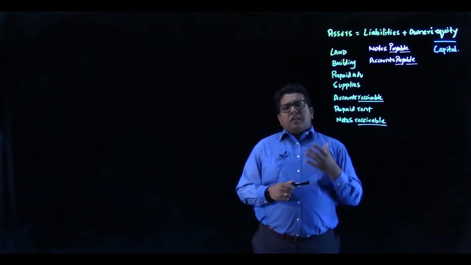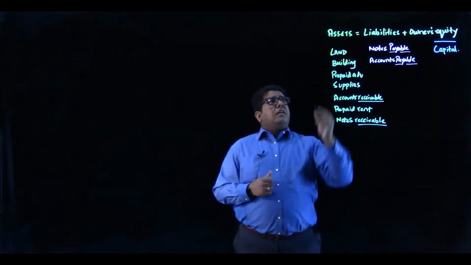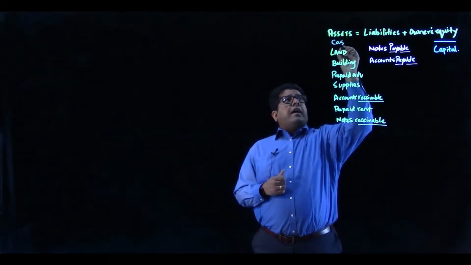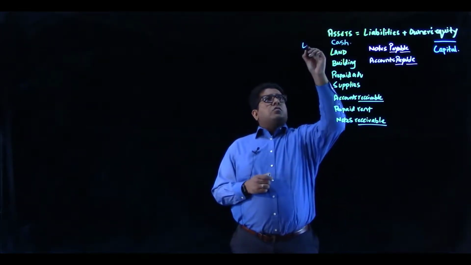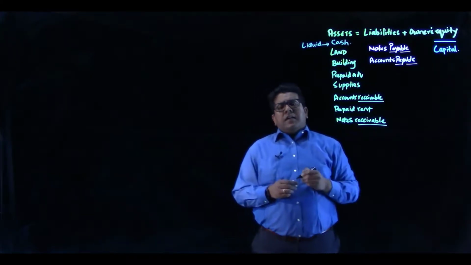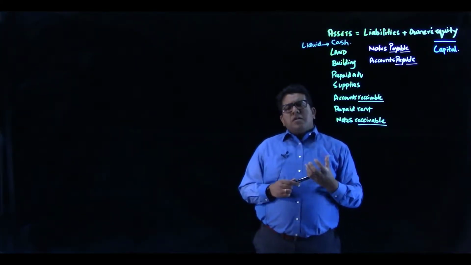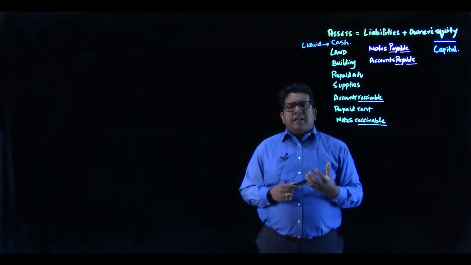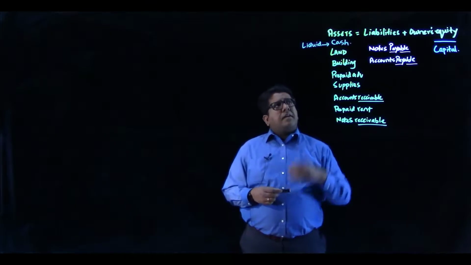That $90,000 cash goes towards cash, which is your asset. So you're going to add cash, which is the most liquid asset. What is liquidity? Liquidity is how much you have on hand. That is most liquid. That comes first.